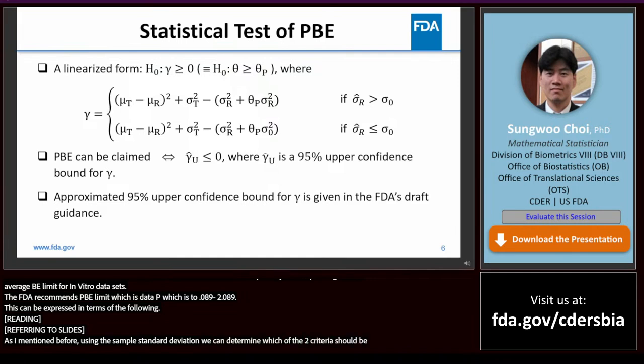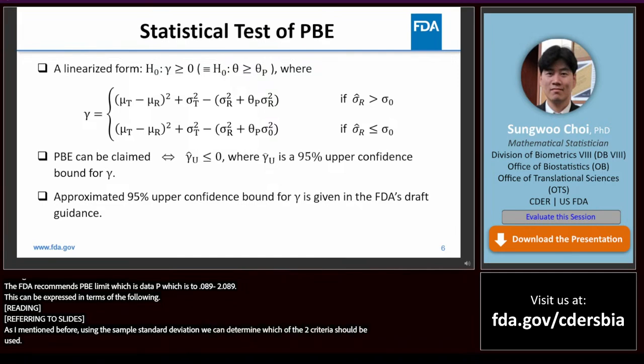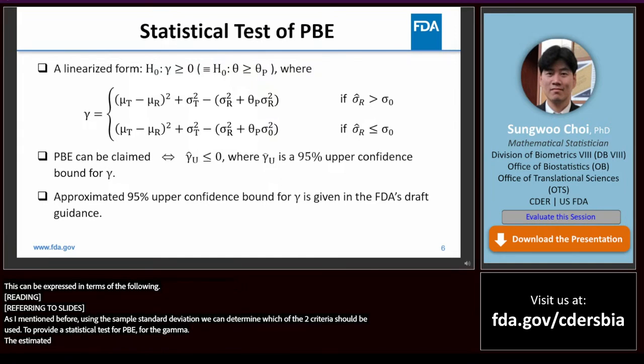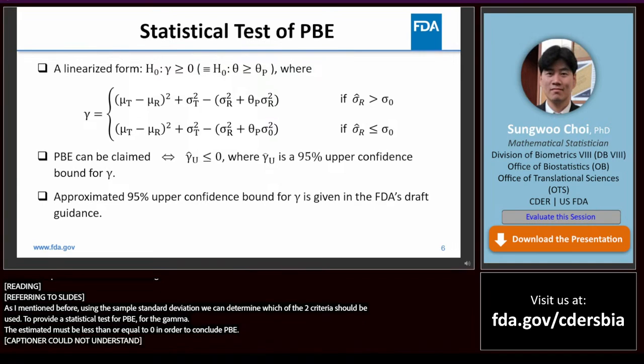To provide a statistical test for population bioequivalence, we now need a 95% upper confidence bound for this gamma. Then, the estimated upper confidence bound for that criterion must be less than or equal to 0 in order to conclude population bioequivalence of test and reference products. The formulation of an approximate 95% upper confidence bound is provided in the updated FDA guidance.